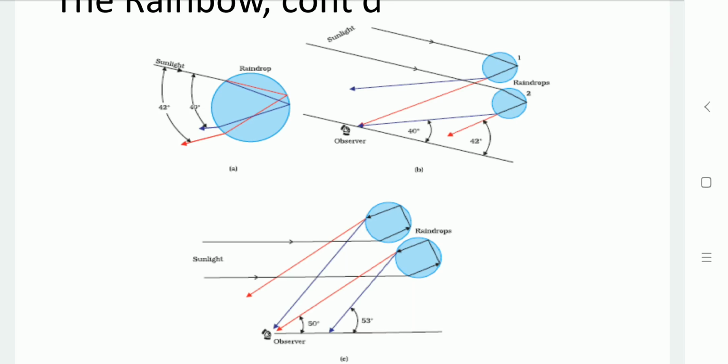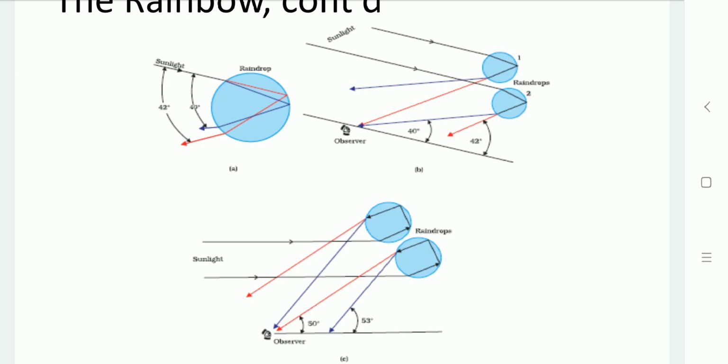So the observer can see a rainbow with red color at the top and violet color at the bottom. So the primary rainbow is the result of the processes refraction, reflection and again refraction.